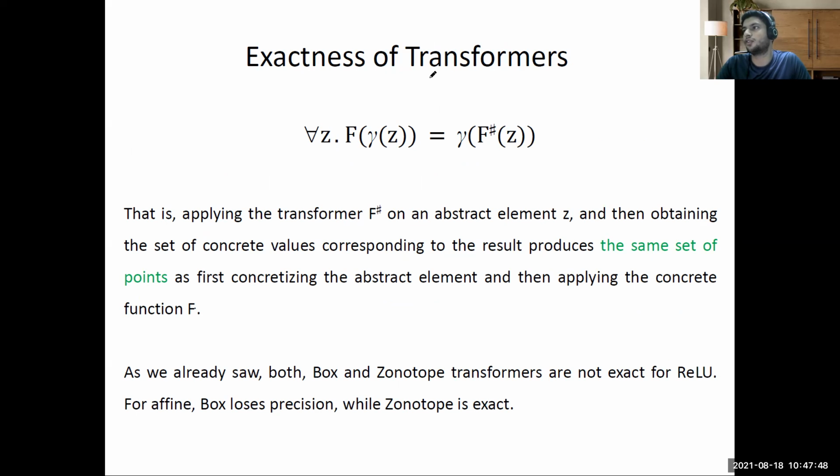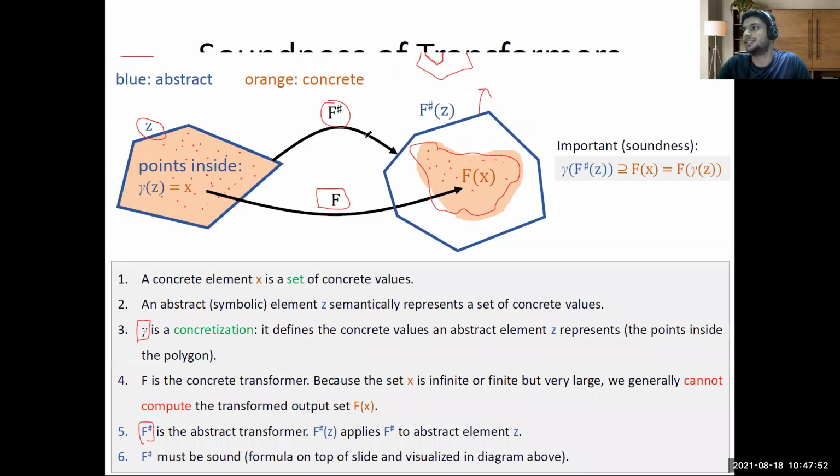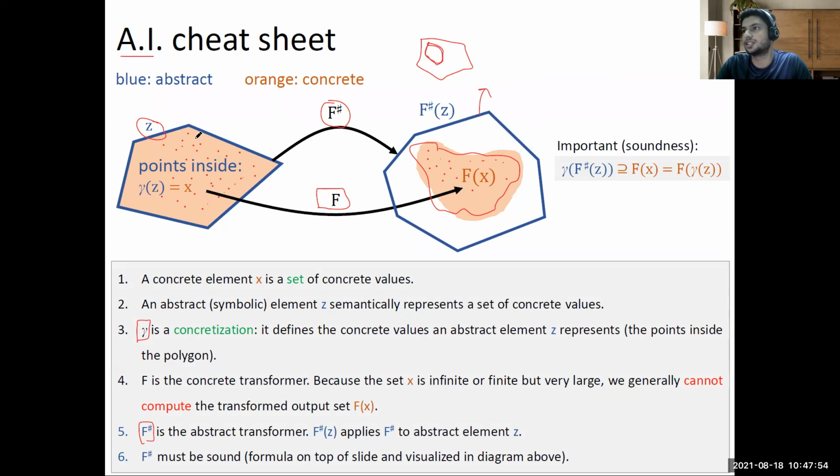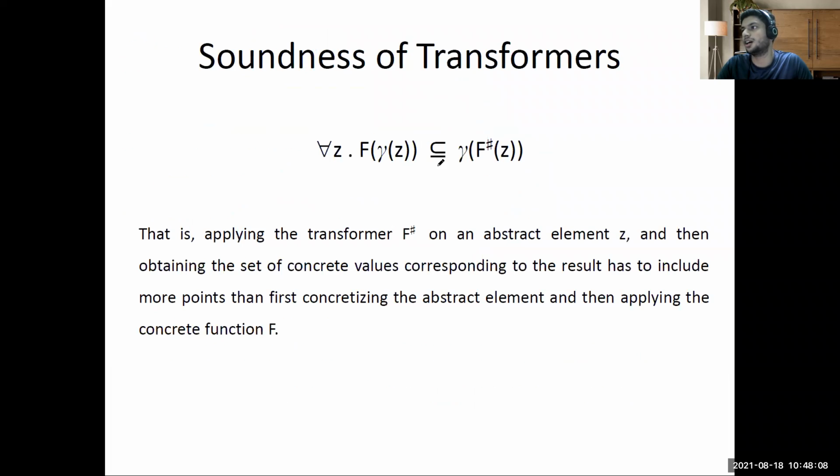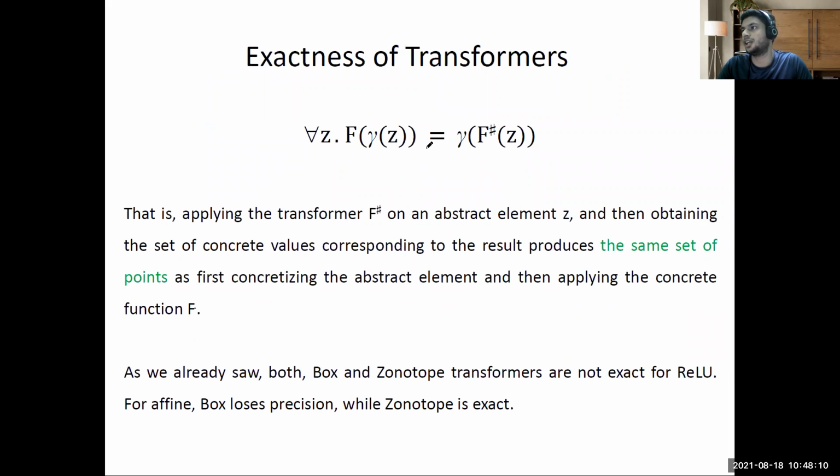We say a transformer is exact when it exactly encloses. If you look at this figure, this is an exact transformer, but this is not, because you have extra points here. When it is not just a subset but exactly equal, then we will say that the transformer is exact.